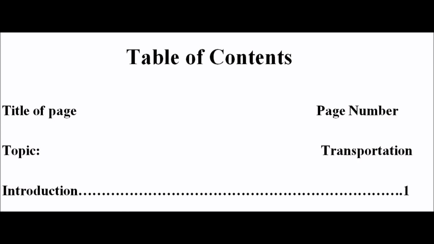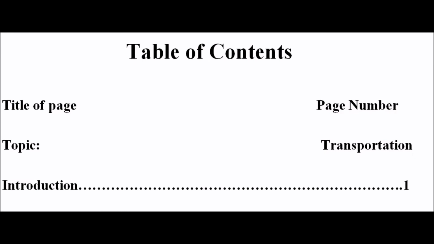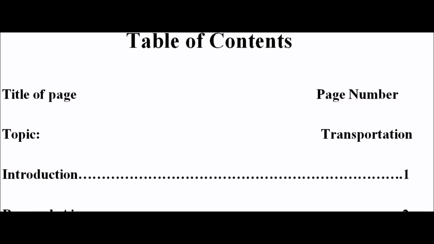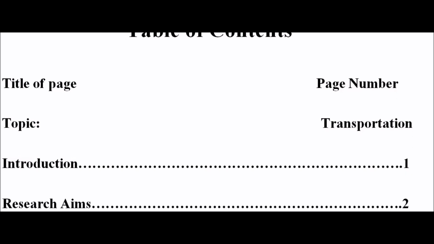Now, points to note again, let's say you have presented data, and the presentation of data stretches between four or five pages, let's say between page 11 and page 16.